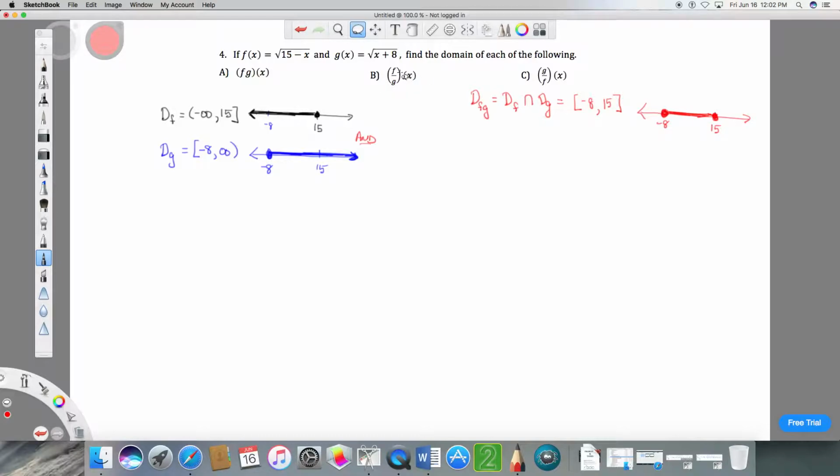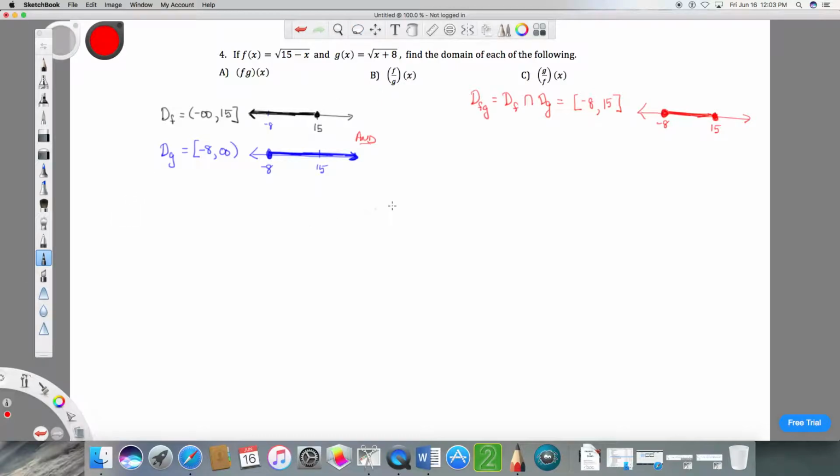So now, with f over g, I have the domain of f intersected with the domain of g, and I have to be concerned that this function g of x that's in a denominator could ever equal 0.